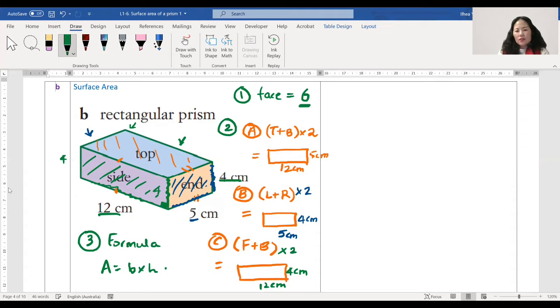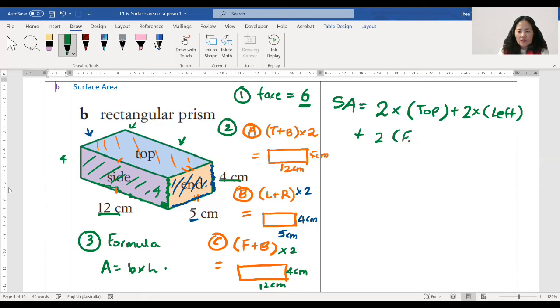Now I'm going to do surface area. I'm going to do 2 of the top area, then 2 of my left, perhaps just pick one, and then 2 of my front. These are the 3 different rectangles.